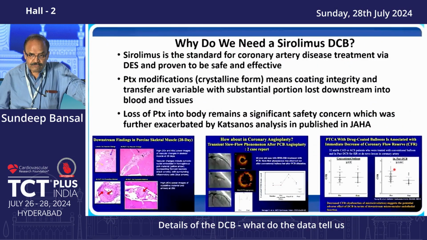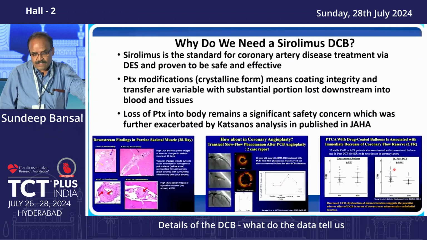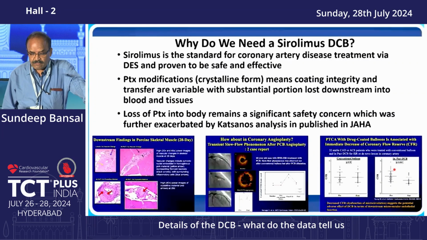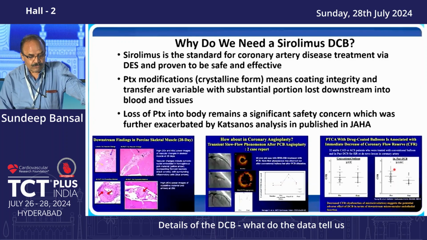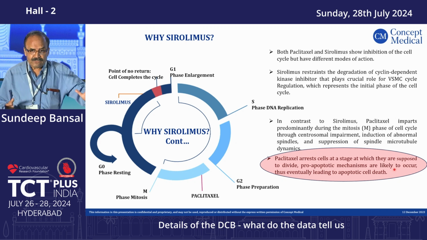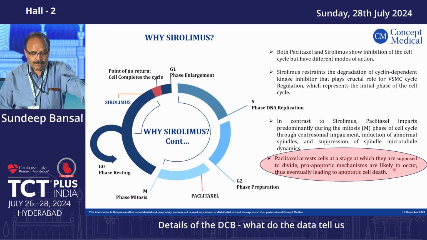We are all familiar with the limus based devices. We have been using them in the coronaries very effectively, and the problems associated with paclitaxel I have already highlighted. Further, why do we need sirolimus? Because the mechanism of action of sirolimus and paclitaxel is different.